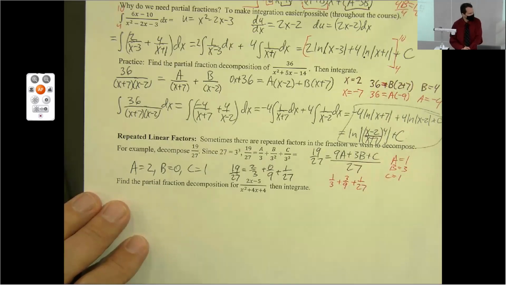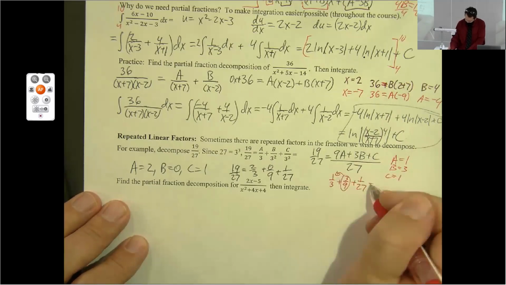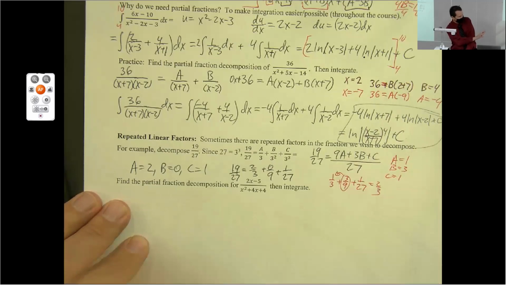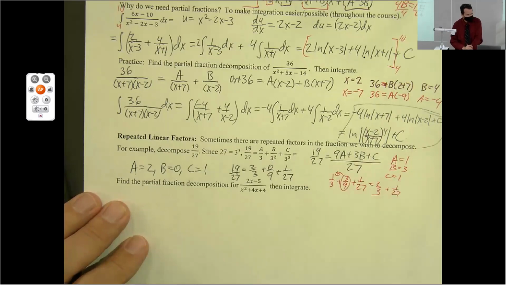That's a different answer. Oh, okay, so this would be 1/3, which we could add to that and still get, in simplest form, 2/3 plus 1/27. So basically, just do it however and simplify it.